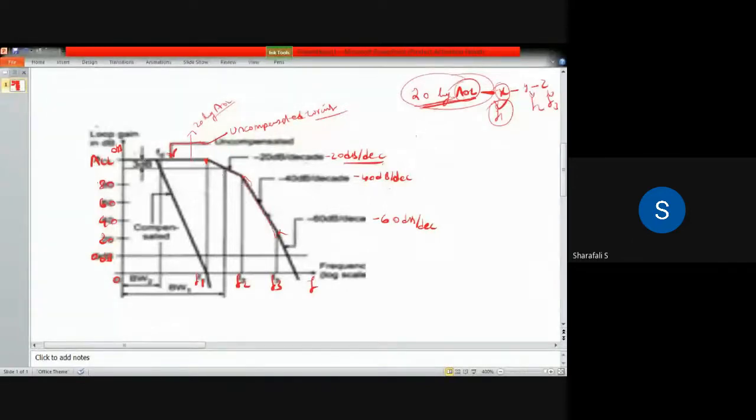This black one that you have is the uncompensated, and this one is the compensated. So this is for the compensated circuit frequency response. So what happened here?